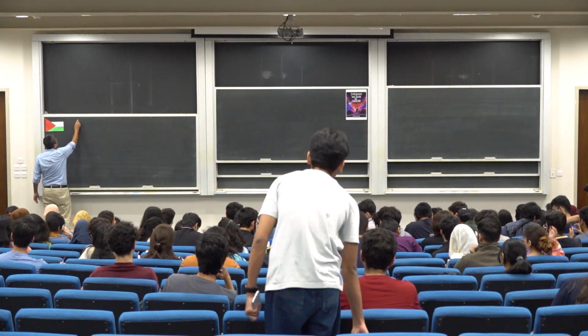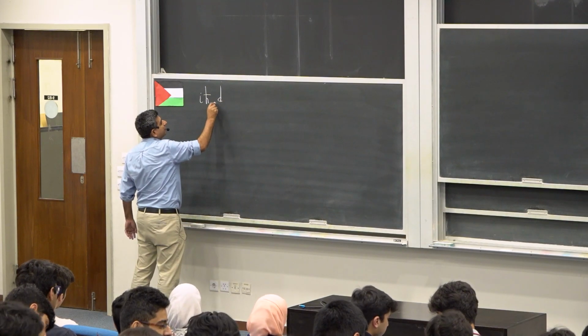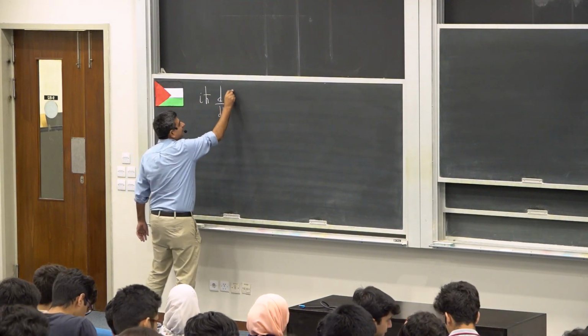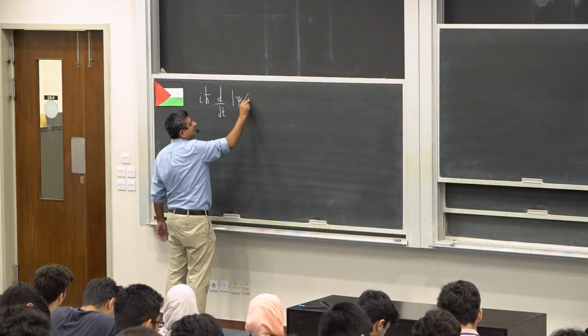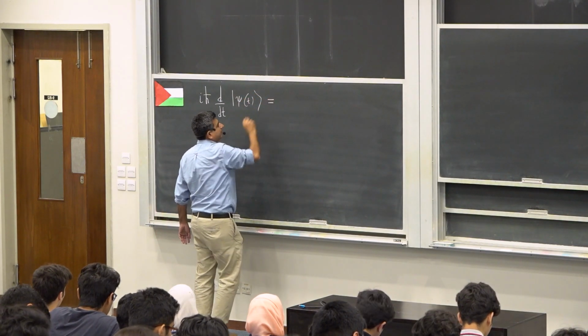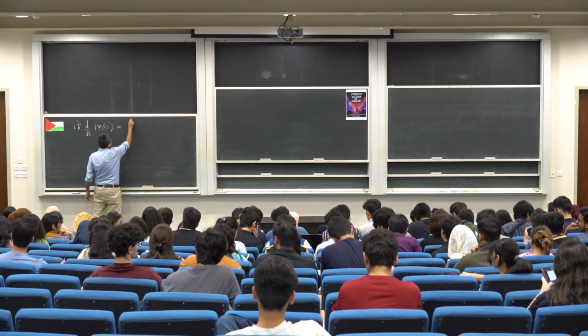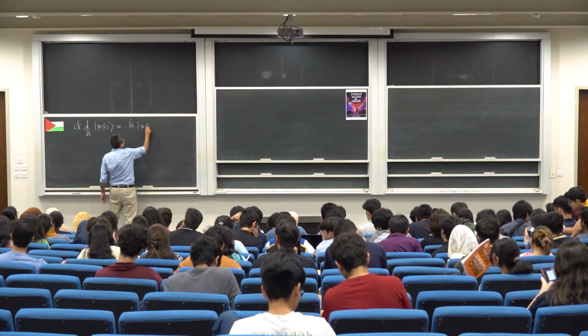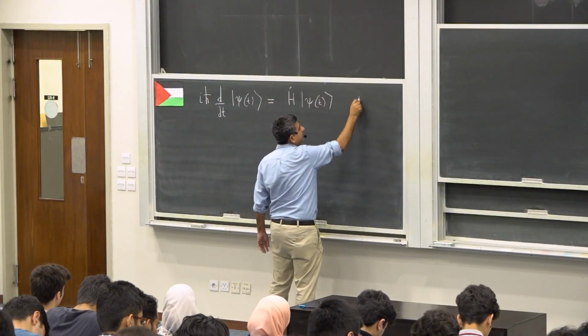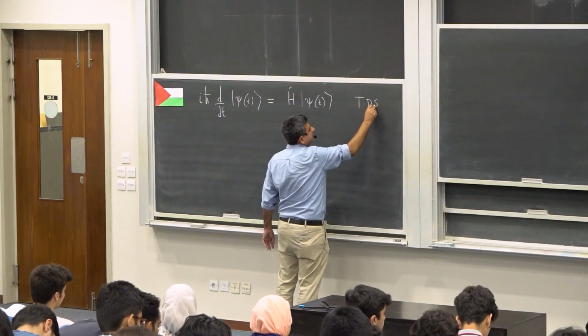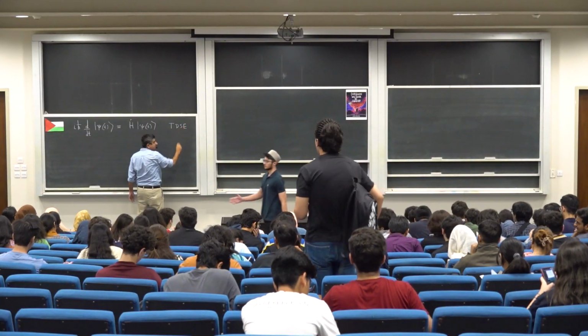So the time dependent Schrodinger equation, which is the real Schrodinger equation, which is all of it, is this thing. So this is our time dependent Schrodinger equation.